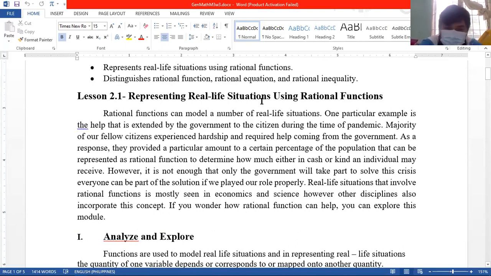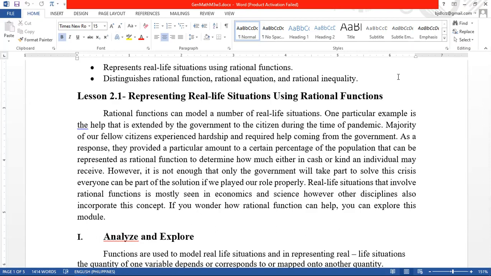Rational functions can model a number of real-life situations. One particular example is the help that is extended by the government to the citizens during the time of pandemic. Majority of our fellow citizens experienced hardship and required help coming from the government.